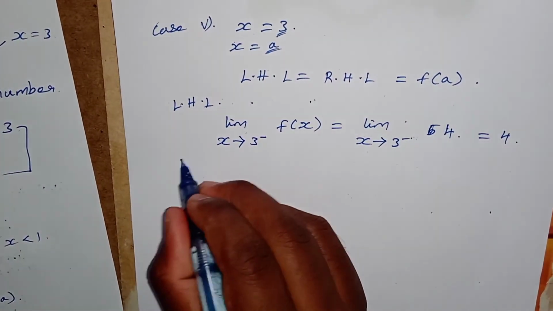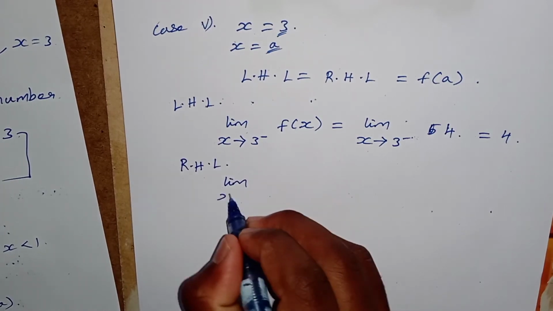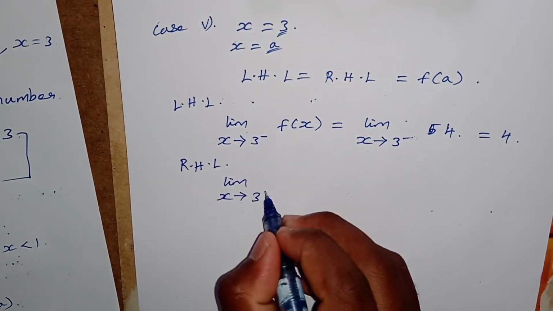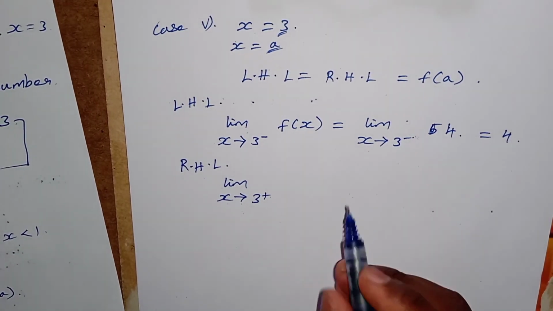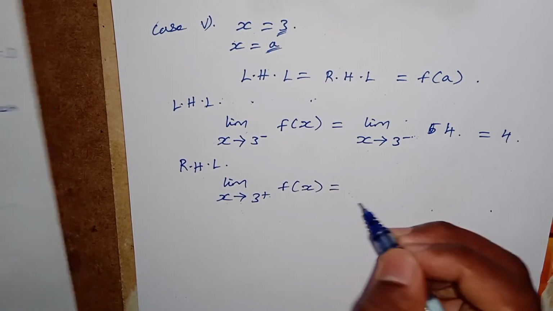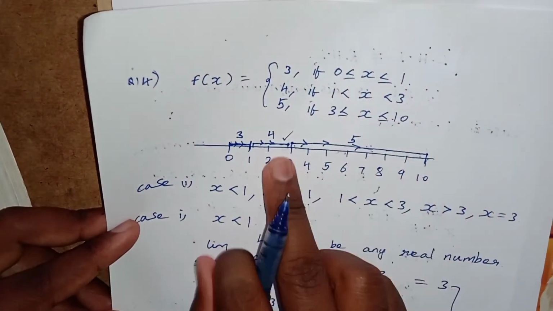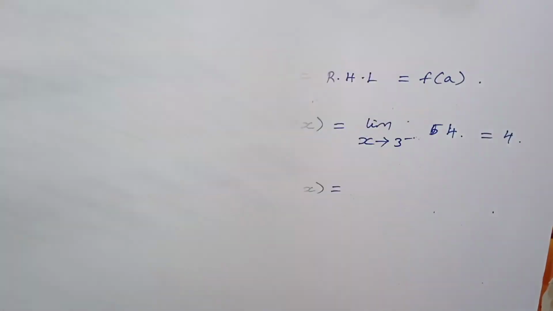Next, right hand limit. For right hand limit, limit x tends to 3 plus, just greater than 3, like 3.1, 3.2, you have to choose f of x. For my given function greater than 3, we can choose 5.